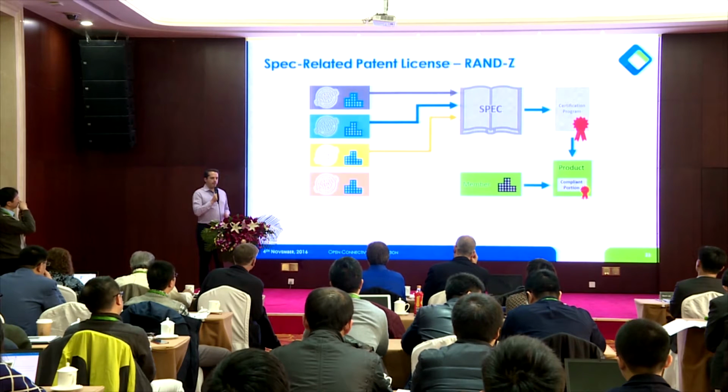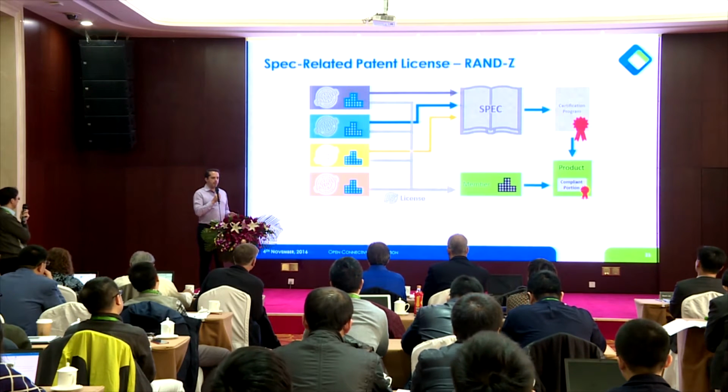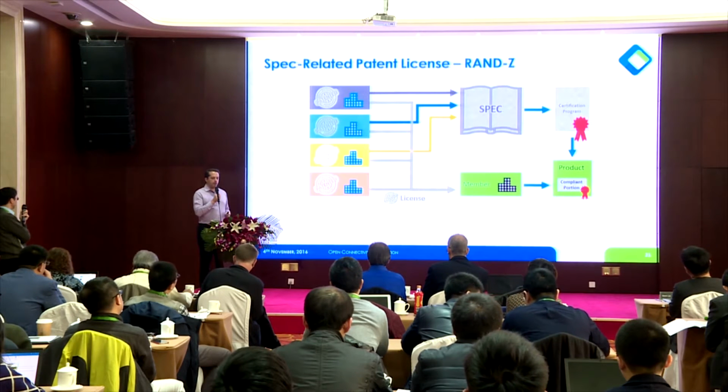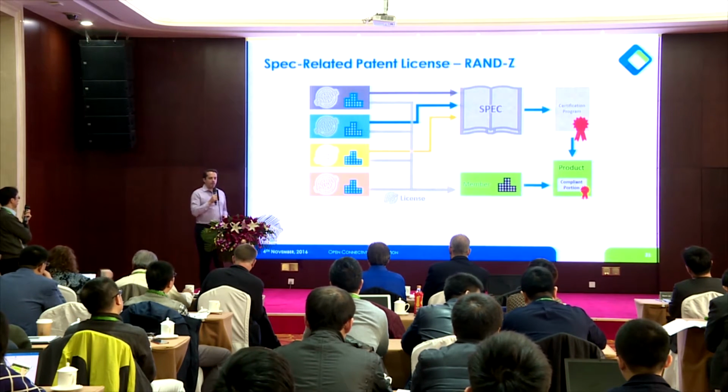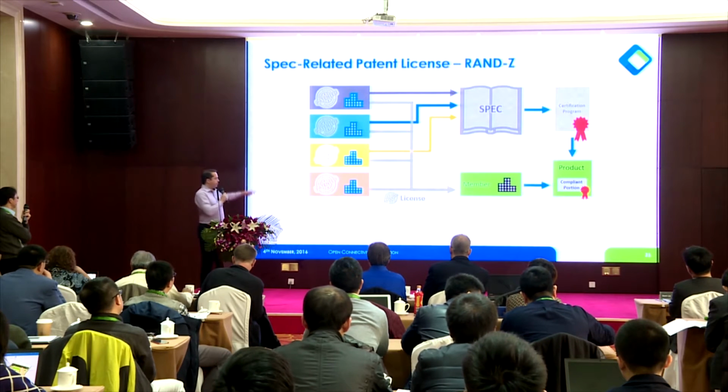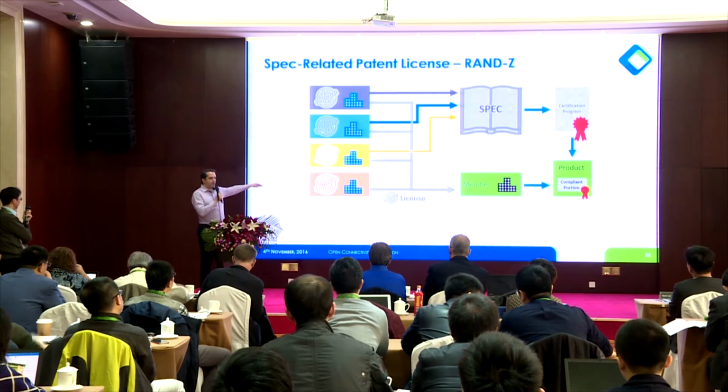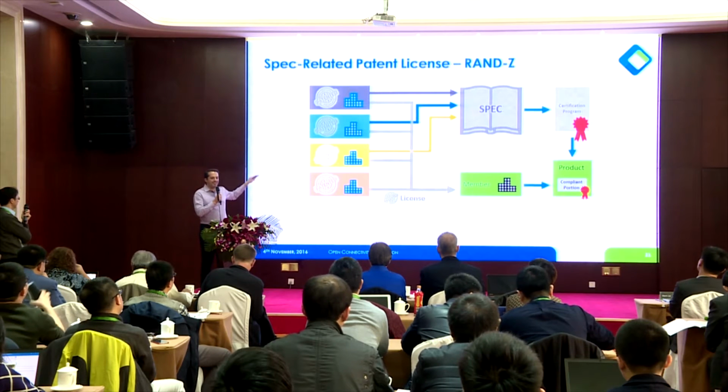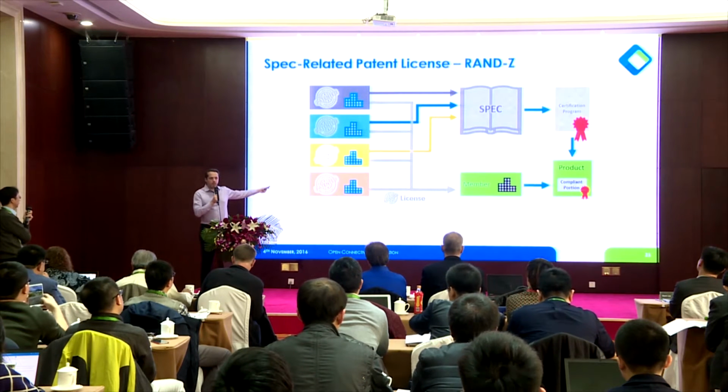When they get that certification, they get a license to any relevant patents for the OCF compliant portion from all of the other members, including members. You see the 4th member at the bottom, they did not contribute to the code. They're just members, but they still get a license from that member.